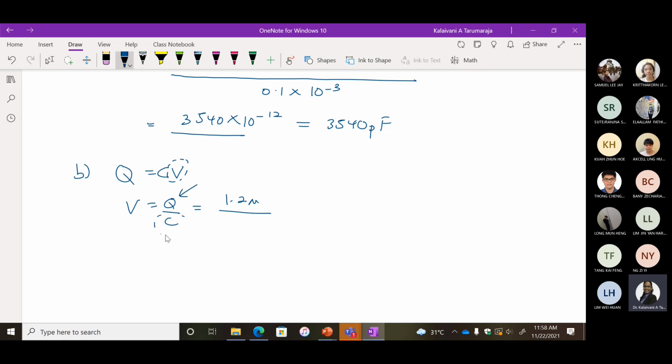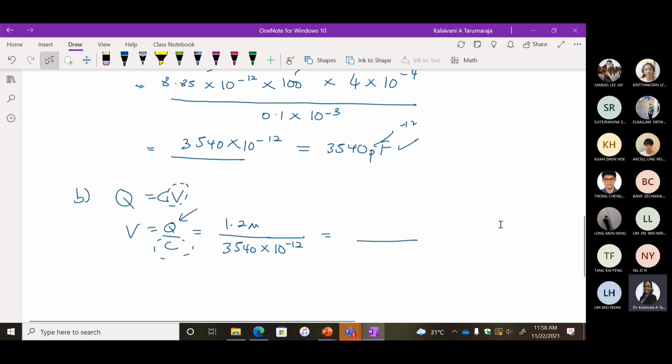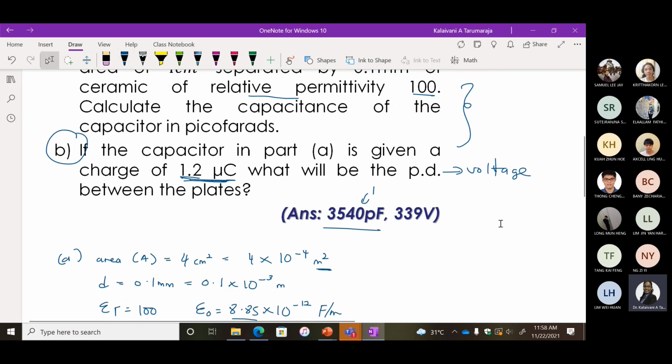At this point, you must provide the right value. If your answer is wrong, then your B answer will also be wrong. So just go on with this value, 3540 times 10. Pico means minus 12, not minus 9, it's minus 12. Then we'll get the last answer. Based on your slide, the given answer is 339.